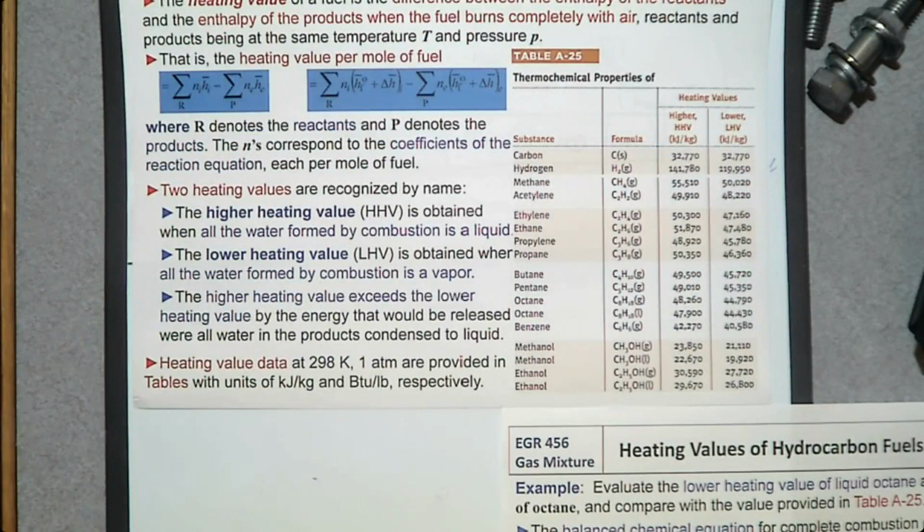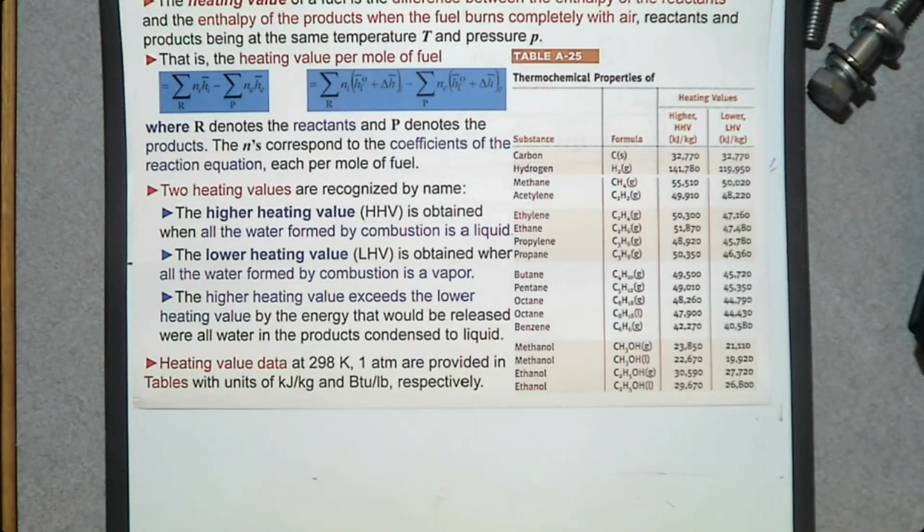The other one is liquid. So we are going to use liquid octane to determine its heating value. What does it mean? Okay, so we have liquid octane here. I'm going to burn it completely. How much heat can we get? That is heating value. So let's do that.